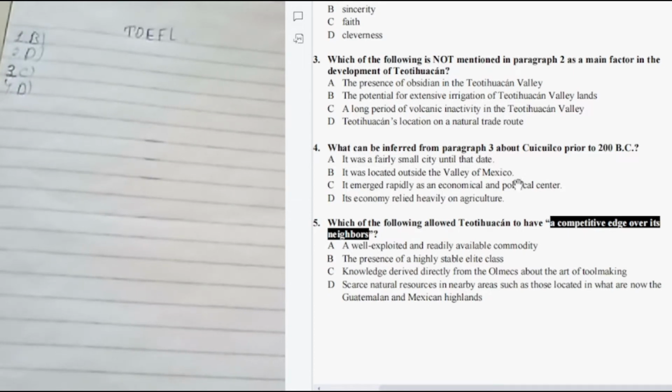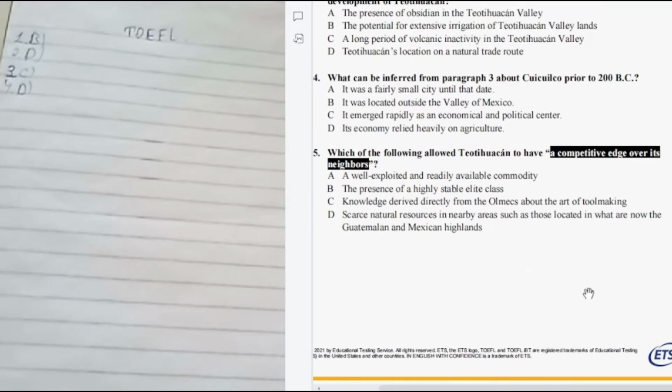For the next one: which of the following allowed Teotihuacan to have a competitive edge over its neighbors?